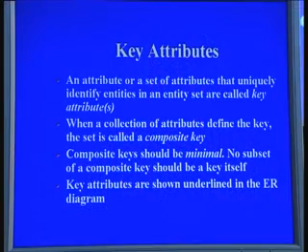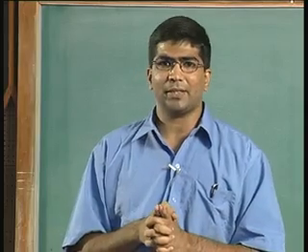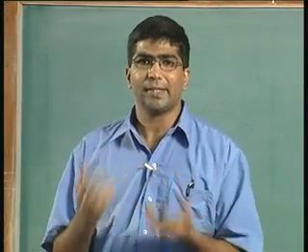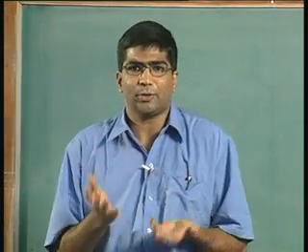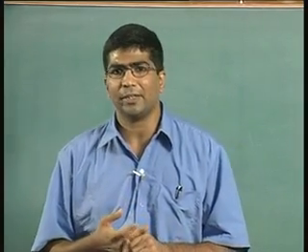For example, let me take the attributes department ID and department name. Is it a key attribute? Of course, it is a key attribute, because if I take department ID, department number 10 supplies, it uniquely identifies one particular department. However, the second attribute here, the name supplies, is redundant. We don't need this attribute in order to uniquely identify a department.